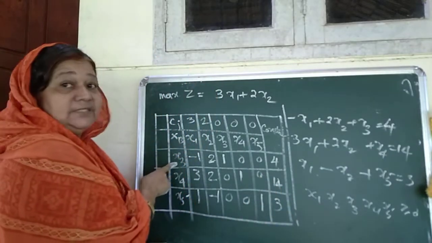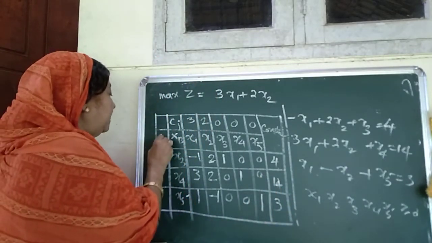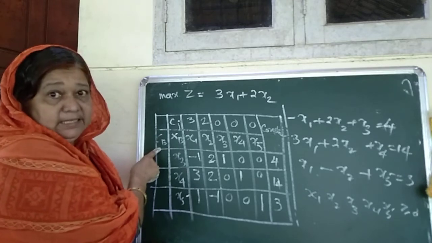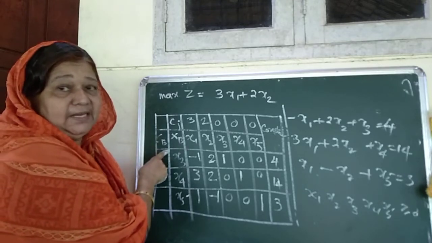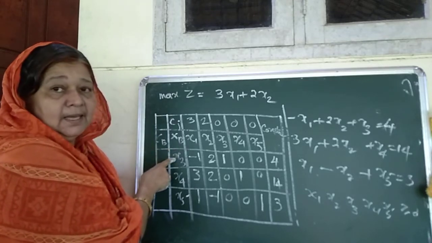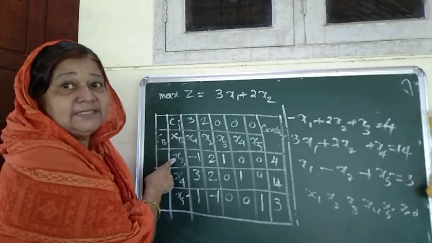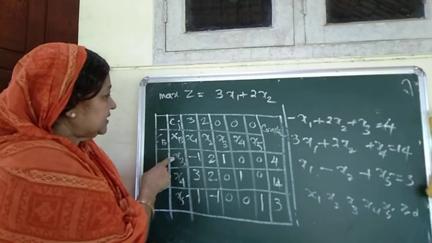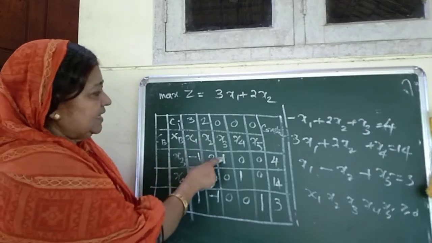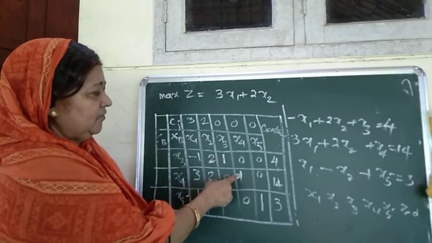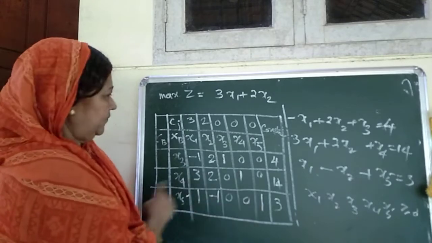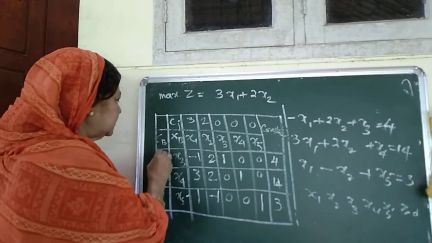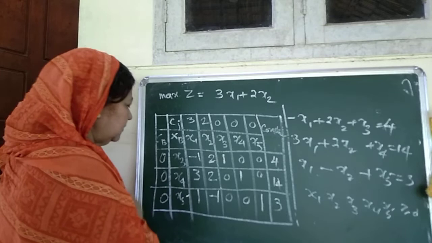Then corresponding to these basic variables, we can assign the price, that means CB, the cost assigned to the basic variables. Basic variables are the variables assigned to the columns of the identity matrix. Again we see that corresponding to x3 here 1, x4 here 1, x5 here. Then CB is the cost, that is 0 0 0.